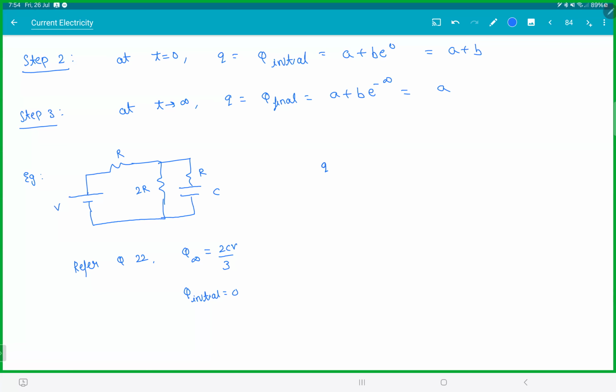So substitute here. At t is 0, Q is 0, which is A plus B. At t infinity, Q is 2CV by 3, which is A. So the general solution is A plus B, e power minus t by tau. A's value is 2CV by 3, and A is equal to minus B, so B is minus 2CV by 3. e power minus t by tau, and tau we just calculated as 5RC by 3.